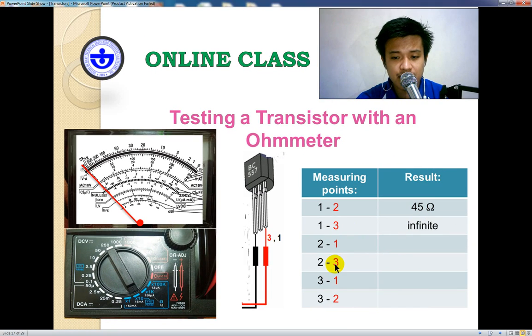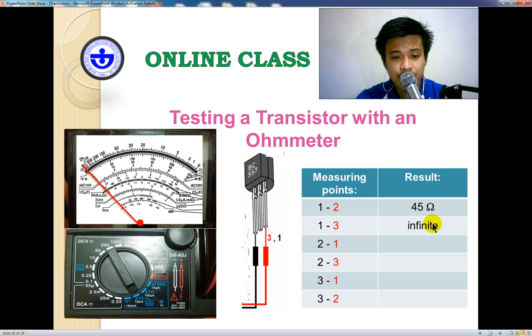I need to record it because I will leave it there, then proceed to the next task. The next part is the other combination, so we use pin number 1 and number 3. If this is the reading of my multimeter after connecting my test probes this way, and it is infinite, it means the needle pointer does not move at all. So I write here the result as infinite.